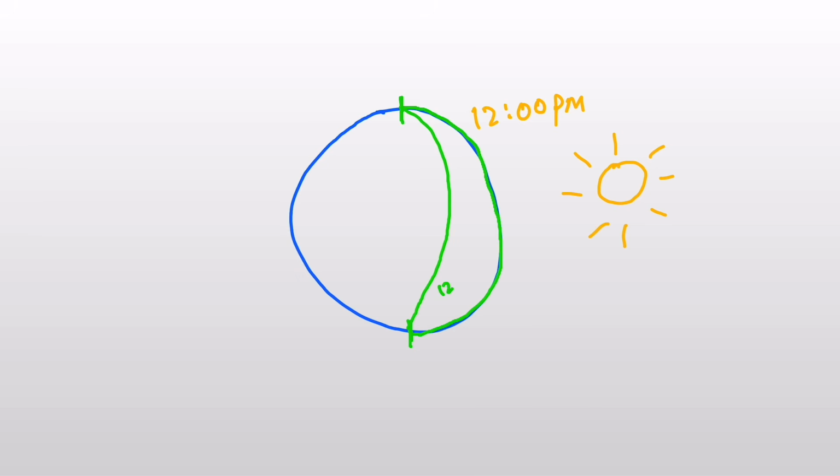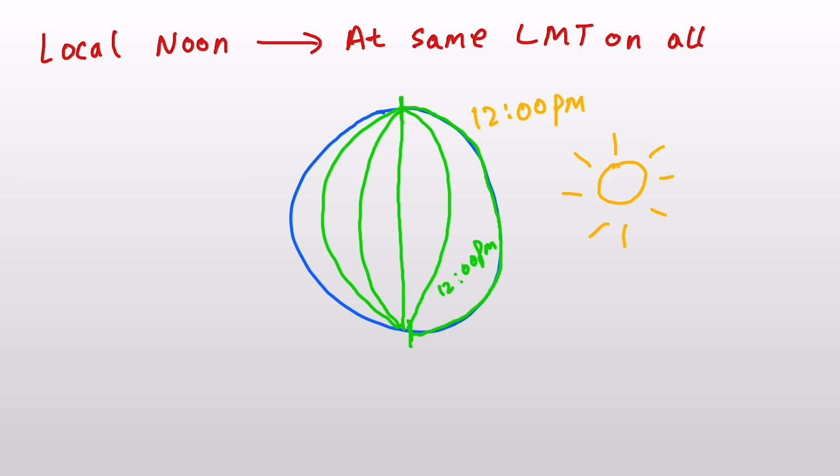The time here was also 12 p.m. When my sun moved to this longitude, the time was 12 p.m. This longitude, 12 p.m. and so on. So whenever my sun is over a particular meridian, the time over there is 1200 hours. So what I can say is that local noon occurs at the same local mean time on all meridians. Yeah, so the local noon always occurs at 12 p.m.